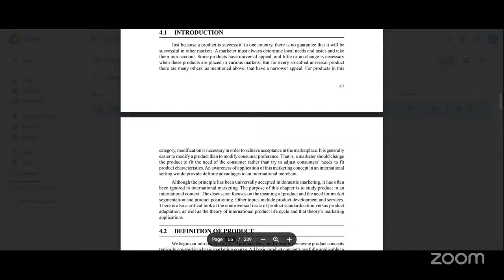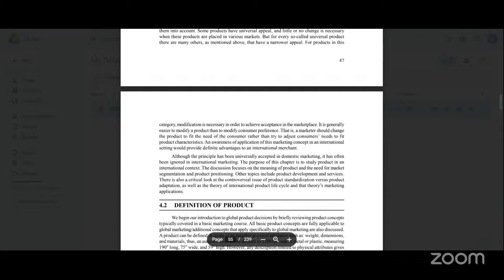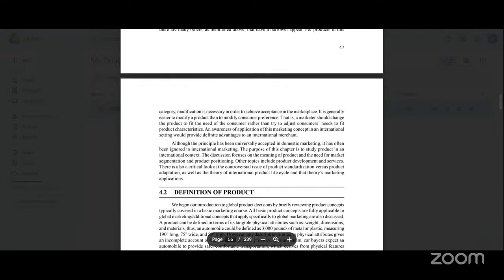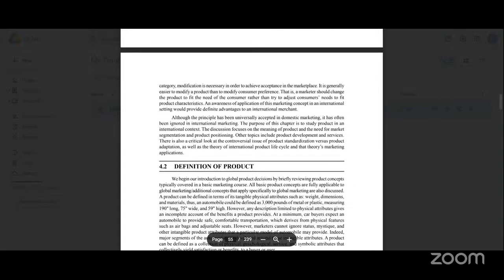So, not much change is required in the base product. There can be variants. However, in most cases, we'll find that there are very few products that have a very broad appeal. They may require a certain amount of modification, both in terms of the product or other features, to achieve acceptance in the local marketplace.